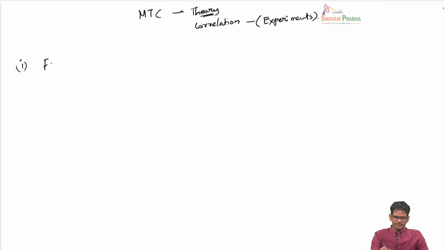For the liquid falling film case, this coefficient KL is given as something like 3.41 DAB by delta. This is very simple. You can see this L here means it is a liquid phase mass transfer.